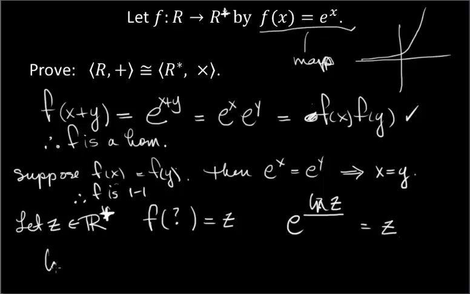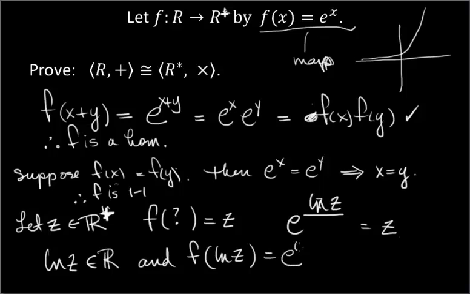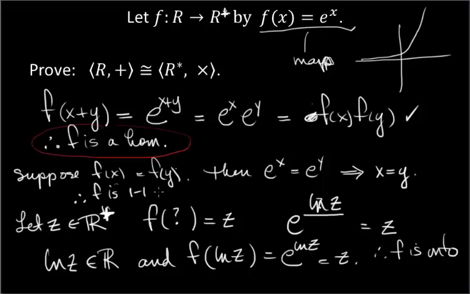So the natural log of z is a real number, and f of the natural log of z is equal to e to the natural log z, which is equal to z. Therefore, f is onto. So we showed that f is a homomorphism, that f is 1 to 1, and that f is onto.